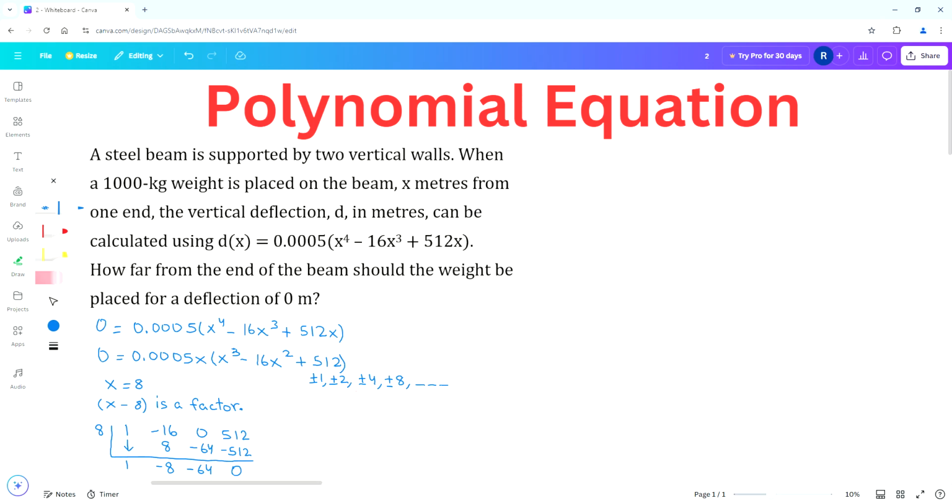The degree of the cubic polynomial is 3. The degree of the factor is 1. So the degree of the quotient from the polynomial division should be equal to 3 minus 1, which is equal to 2. So we should assign x squared to the first number 1, x to the second number negative 8, and negative 64 is the number term in the quotient.